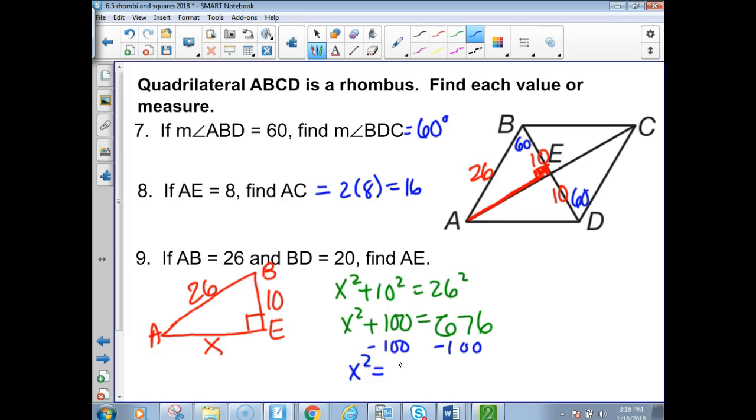X squared is 576. And that happens to be a perfect square. We need to take the what? What do we do to get the answer? Square root. All right. And it is 24. So AE was 24.